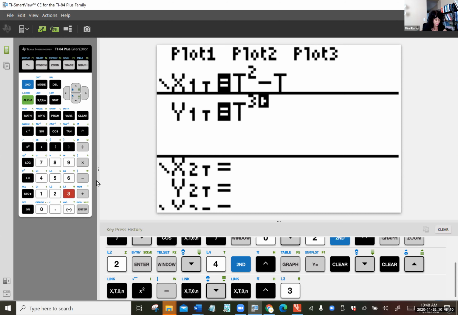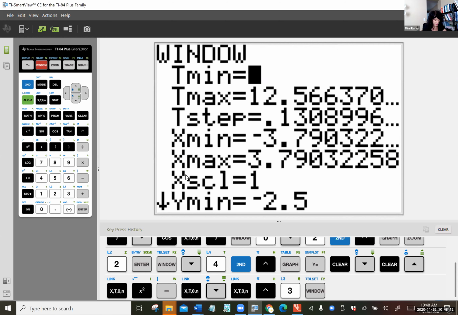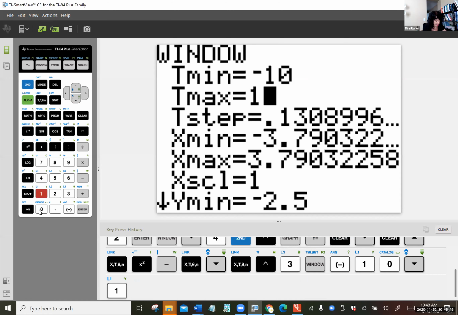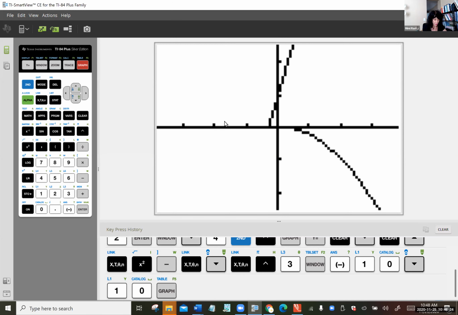And I like to see the full picture. So for the window here, I'm going to go from -10 to a t max of +10 seconds, just to capture everything. And then when I hit graph, whoa, holy smokes, what just happened there? Let me do a zoom out. That was weird.